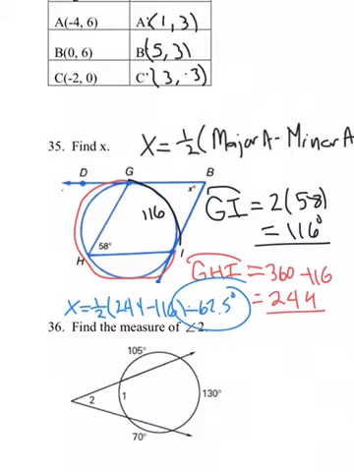Wait. Let me double check that because now I'm getting a different number. 244 minus 116. Yep, I must have put the wrong number in the first time. Should be 64.